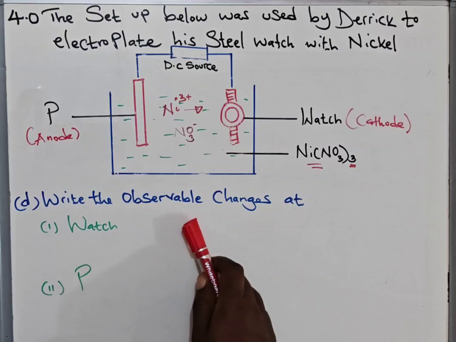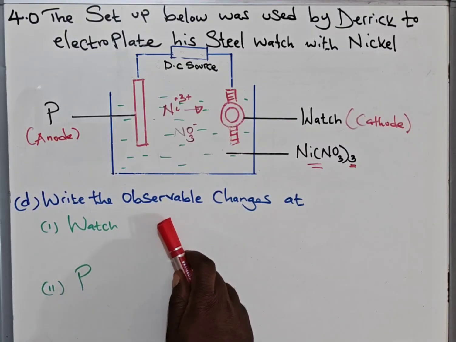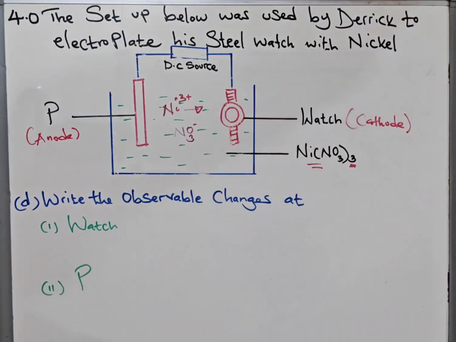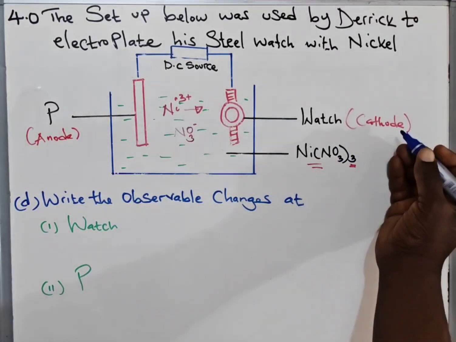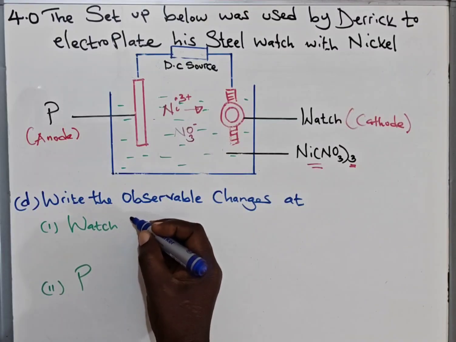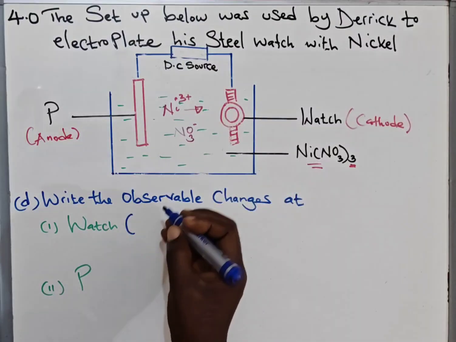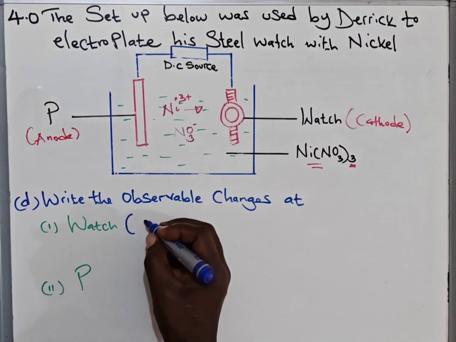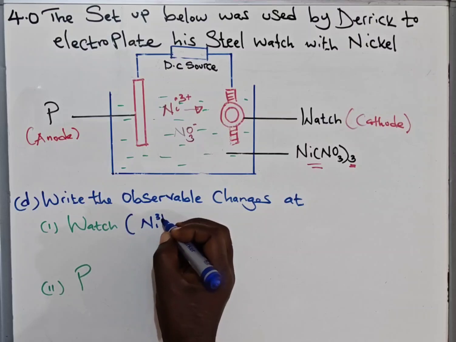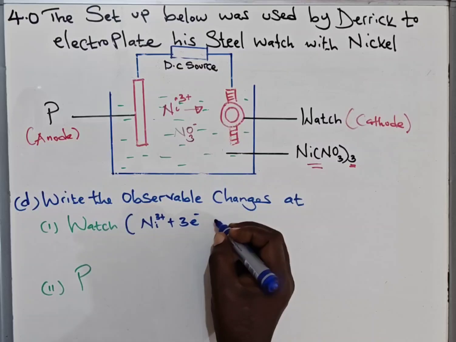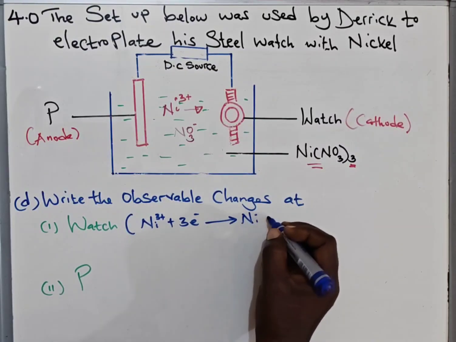Then we come to this question. It says that write observable changes at the watch. What are the changes we observe at the watch? This is what you have to know, that our watch is the cathode. And to answer this question, we need to know the reaction taking place at the cathode. We observed that it was reduction, which is going to be nickel 3 ions plus 3 electrons, giving us nickel solid.